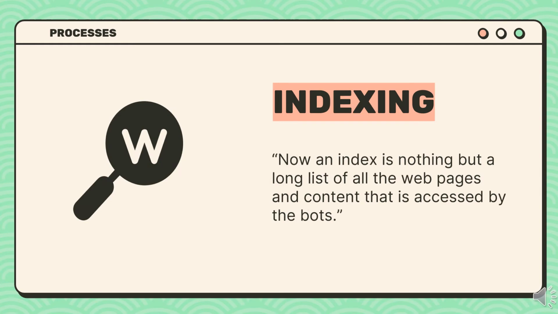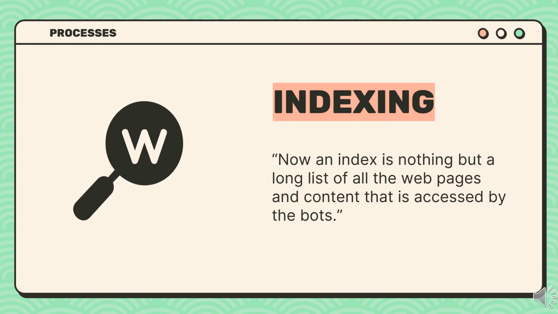Next, let's look at how indexing works. Now, to understand the process of indexing, it's important to know what you actually mean by an index. Now, an index is nothing but a long list of all the web pages and content that is accessed by the bots. This list is then used as the source of information displayed on the search results pages.